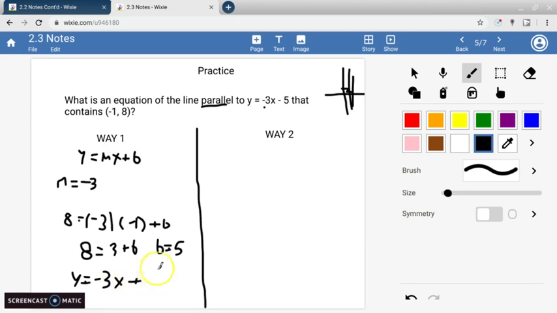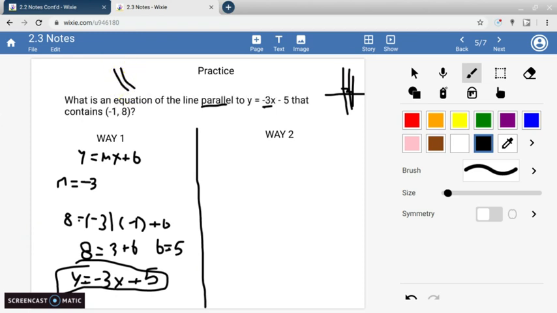Which is b. That is plus 5. We just found that out. So this is the answer. y equals negative 3x plus 5. It does have the same slope, and it just happened to be a coincidence that it's negative 5 and plus 5, but they are going to be parallel because they have the same slope. So that's how we know.